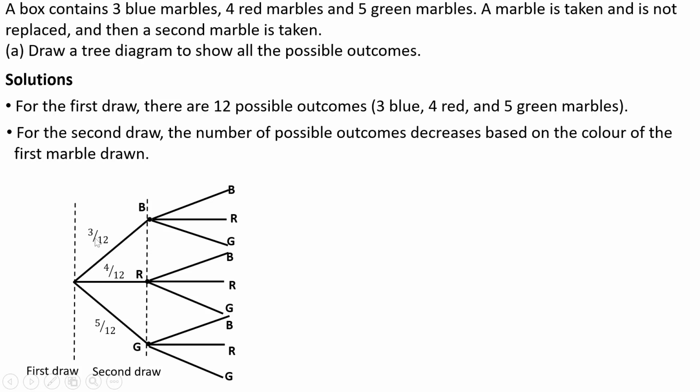So the number of blue members in the box now will be 2, and the total number of members will not be 12, but 11. So the probability now will be 2 over 11.